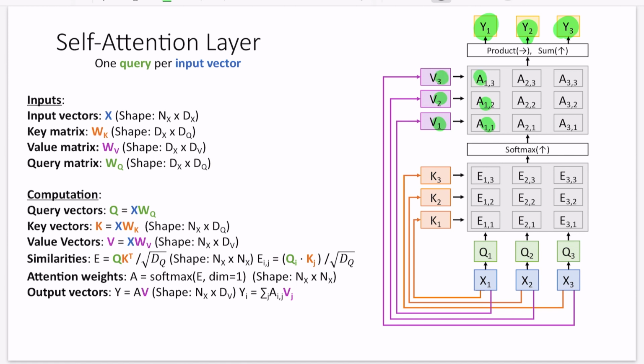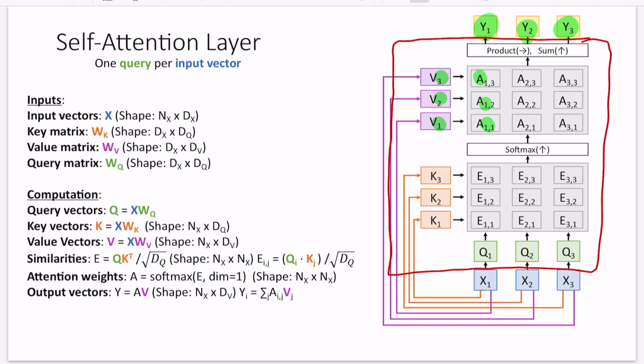Here, from here to here, we only have input vectors and corresponding output vectors. So from now on, let's say this is the self-attention layer, and this is a generalized layer.